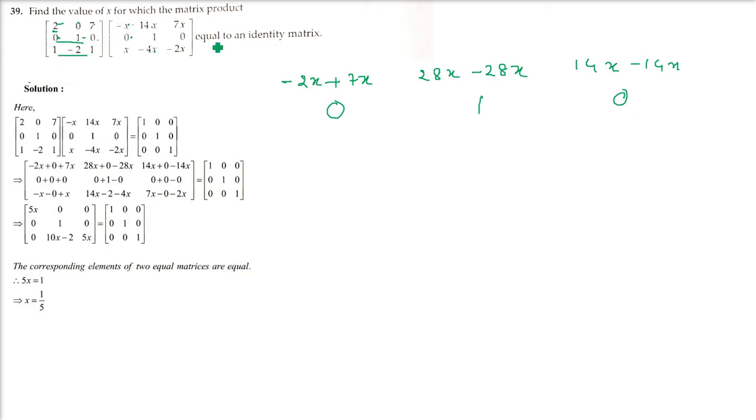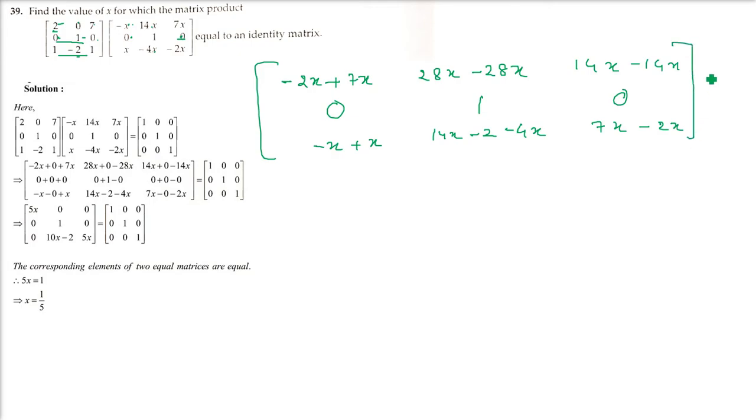Now third row with the first column: 1 into minus x is minus x, and 0 will be 0, and plus x. Then third row with second column: 14x minus 2 and minus 4x. Then last row with the last column: 7x, minus 2 into minus 2, leave it. 1 into minus 2x is minus 2x. Okay.